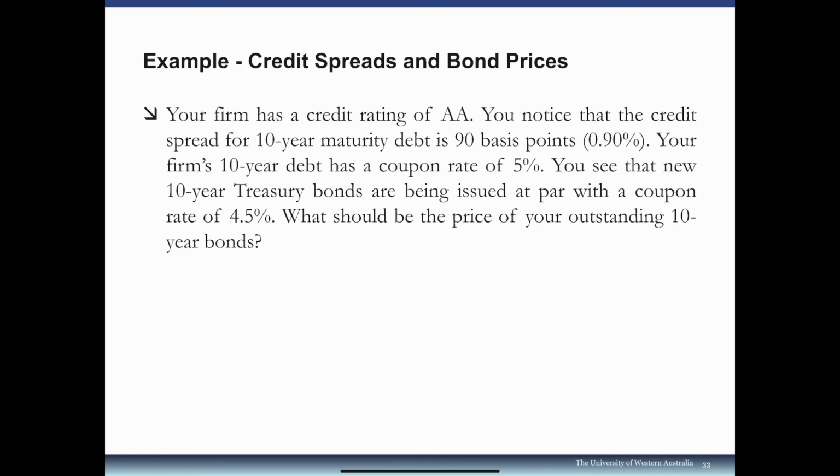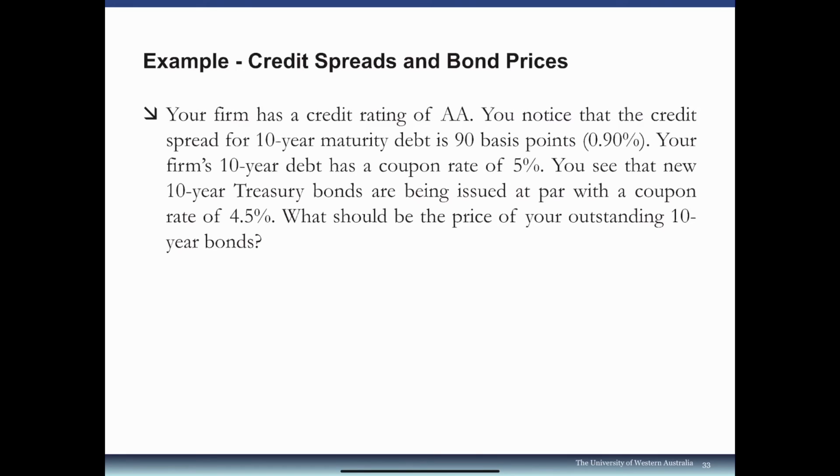So in this example, there's a lot of information. First of all, there's a credit spread. Credit spread here tells you that your bond has a higher yield to maturity than the treasury bond, right? And how about the treasury bond? What is its yield to maturity? So here you're saying they are being issued at par with a coupon rate of 4.5%.